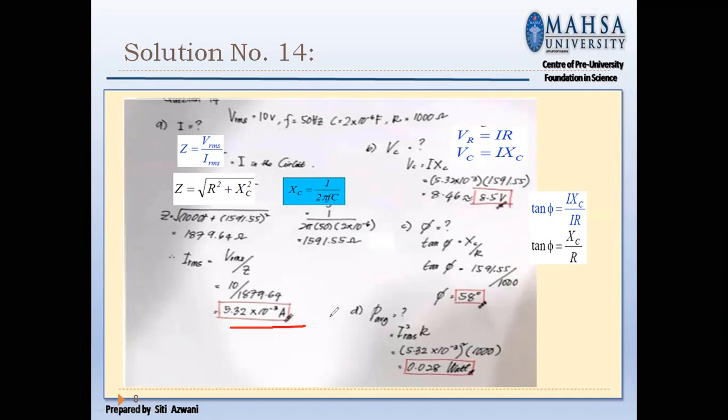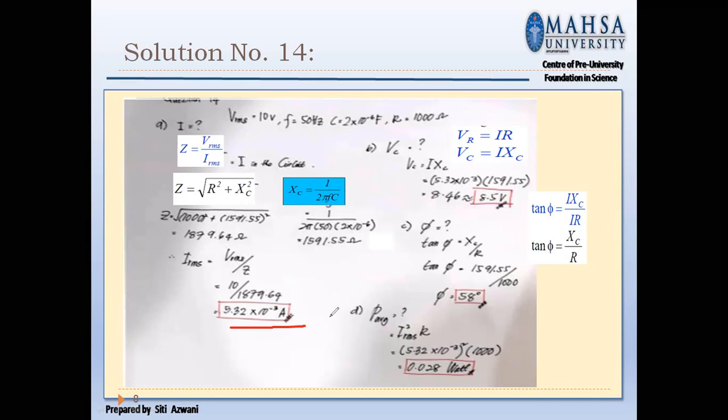So the current in the circuit, IRMS, is equal to 5.32 times 10 to the power negative 3 ampere. This means the current across the resistor and across the capacitor is the same.